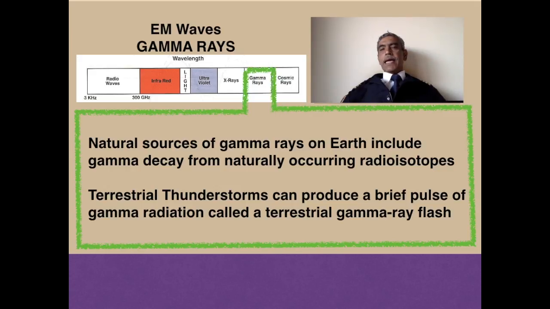And of course, externally, terrestrial thunderstorms can produce brief pulses of gamma radiation, and sometimes these can be intense, especially in the sporadic 11-year sunspot cycles, etc. So we need to be aware of the sources of gamma radiation.